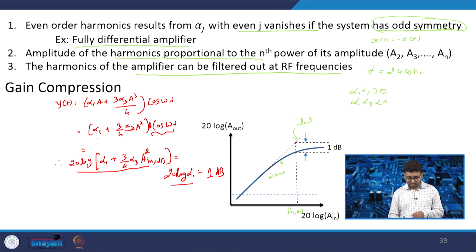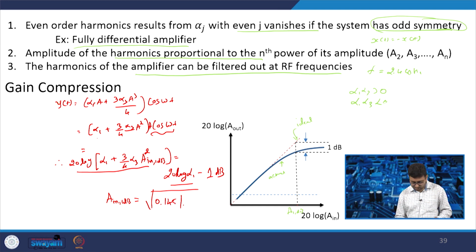Now if you work this equation out and convert the log to anti-log, you will get A in 1 dB equal to 0.145 times the square root of alpha 1 by alpha 3.